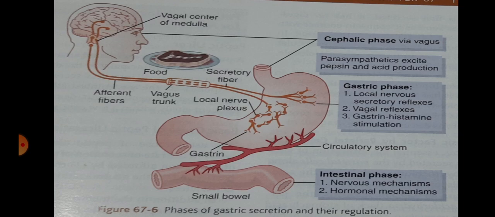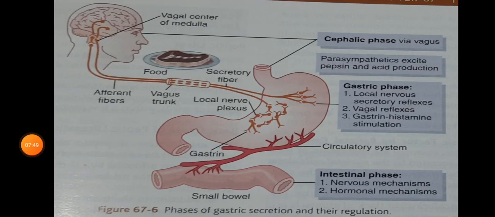Now they are transmitted through the dorsal motor nuclei of the vagi and thence through the vagus nerve to the stomach. See here, cephalic phase via the vagus. Parasympathetics excite pepsin and acid production, as we know.